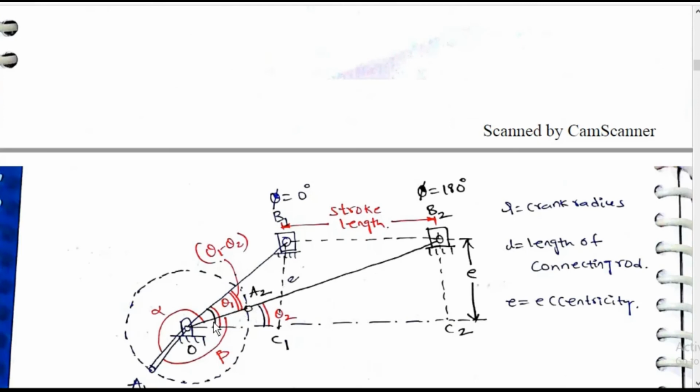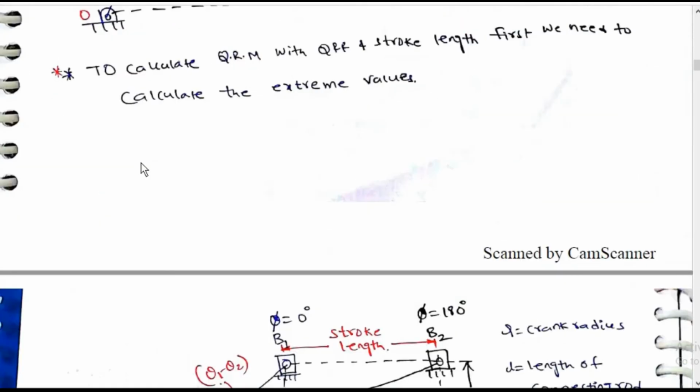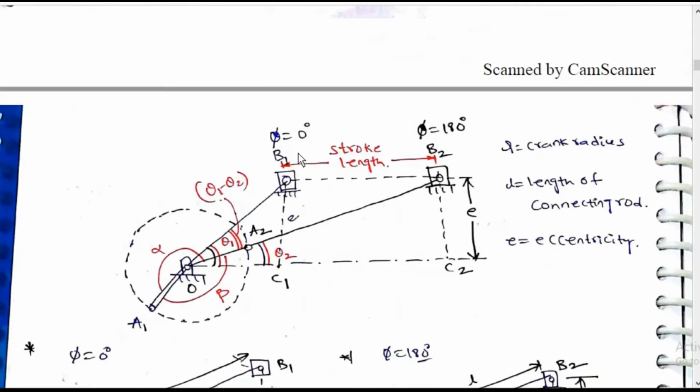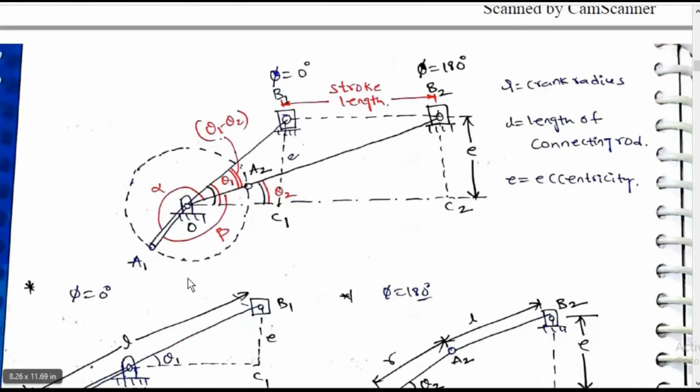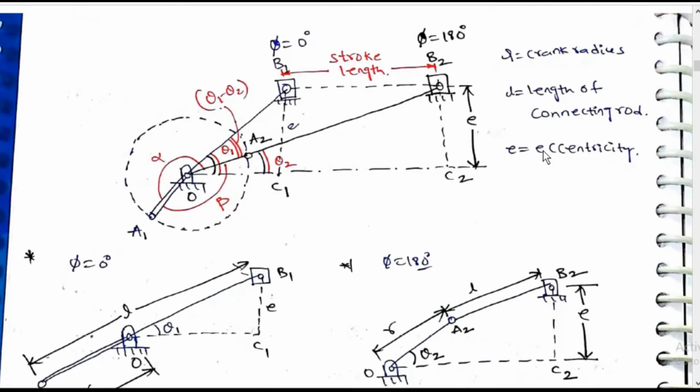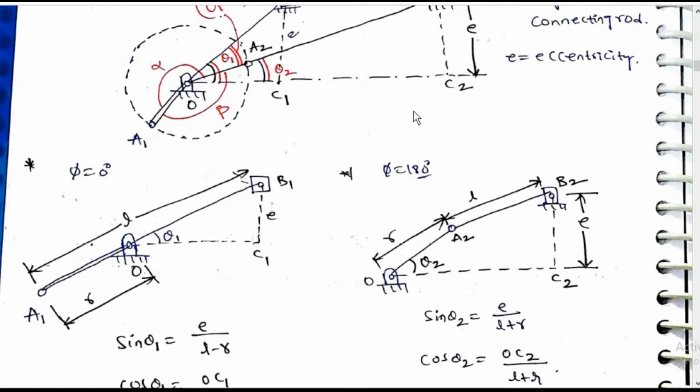When phi is equal to 180 degrees, it is like this. When phi is equal to 0 degrees, it is like this. This is theta 1, this is theta 2. The angle between them is theta 1 minus theta 2. R is the crank radius, L is the length of connecting rod, E is the eccentricity.